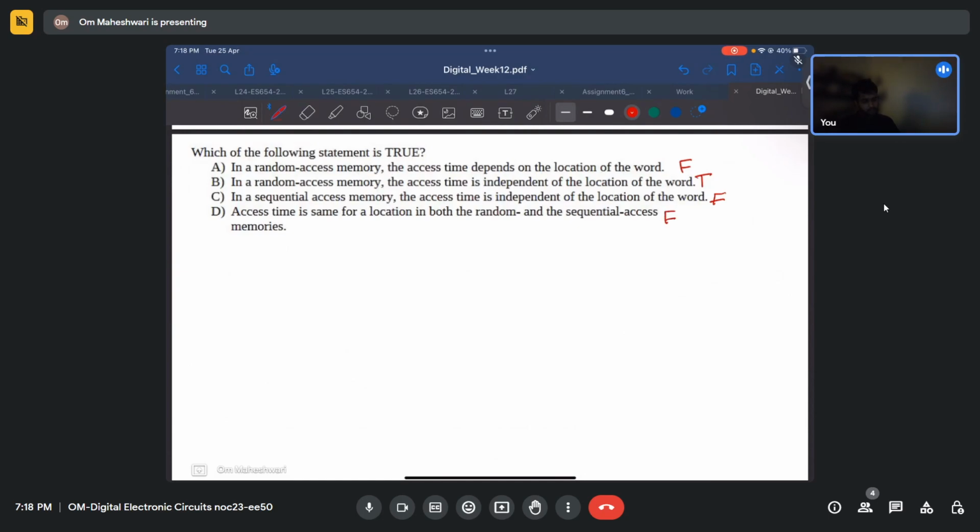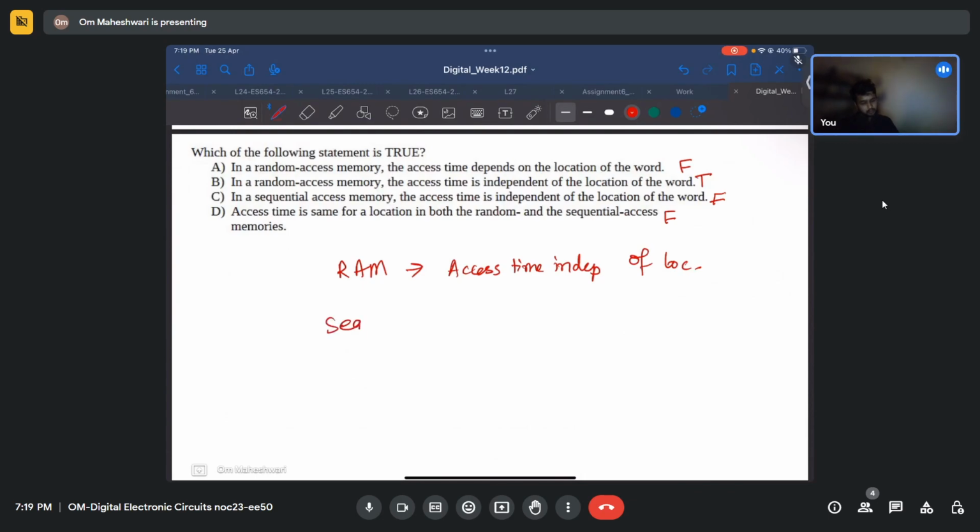So in random access, that means you can access any location at any time, right? So the access time is independent of location.